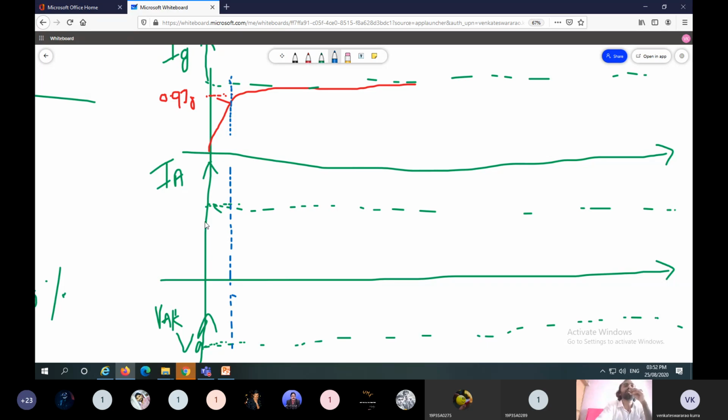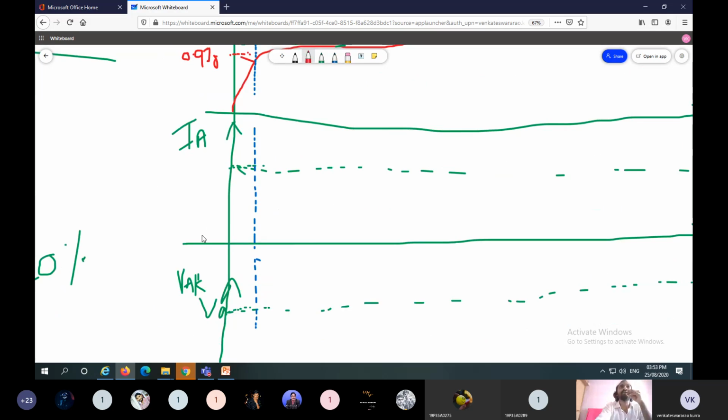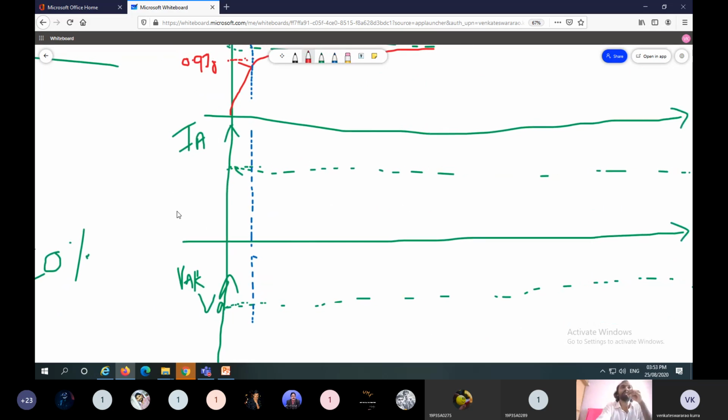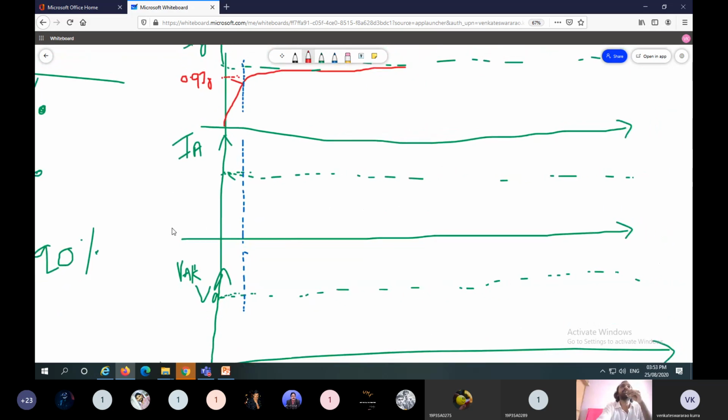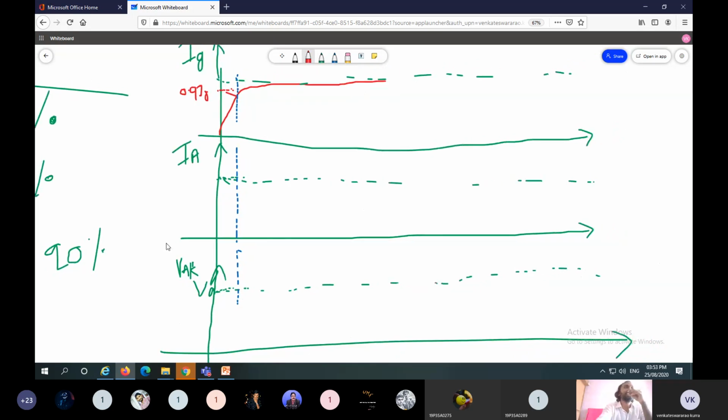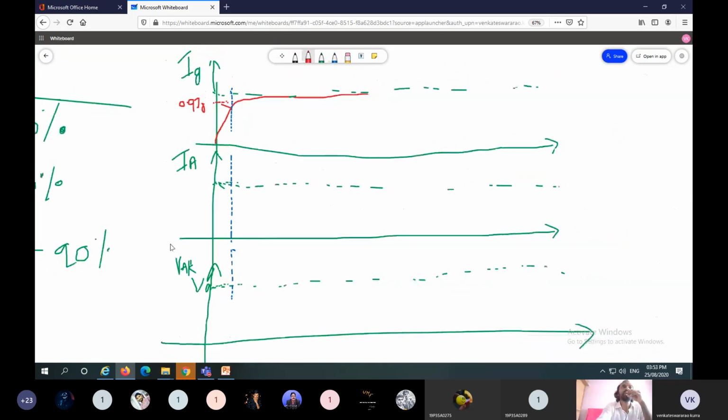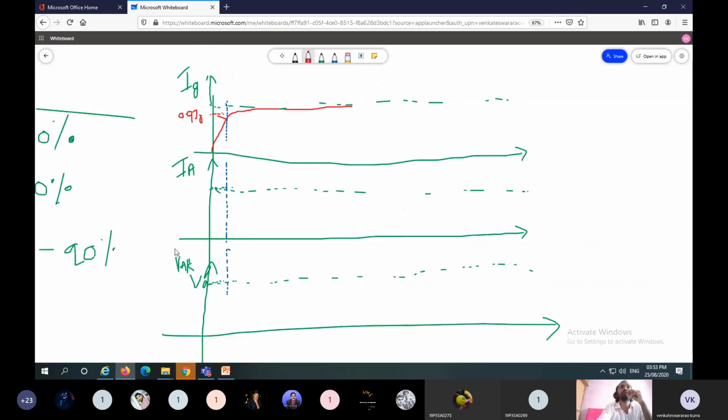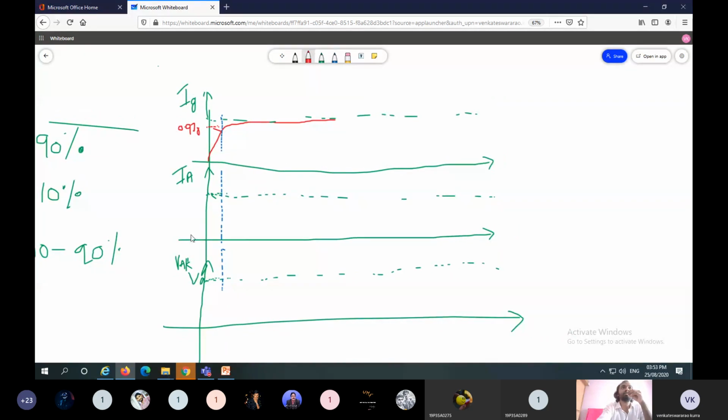For anode current, delay time is defined as the time taken by the response to reach 10%. Initially, for a practical device, there will be some flow of current. That current is known as off-state current. So before turn on of the device, before applying the gate signal, there is a small leakage current.